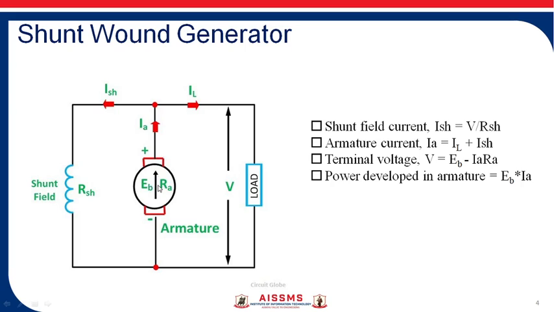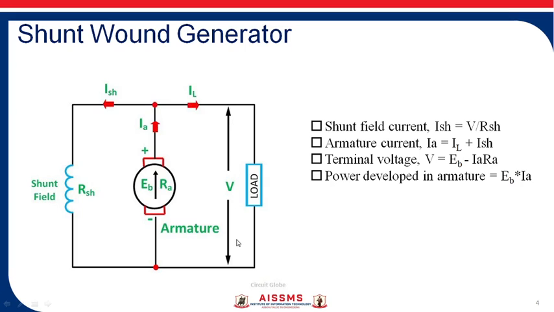So current starts flowing through the armature, that current is IA, and then that current gets divided into two parts. Part of the current passes through the field winding and part of the current passes through the load. So shunt field current ISH is equal to V by RSH. Then armature current IA is nothing but load current plus current flowing through the shunt field winding.